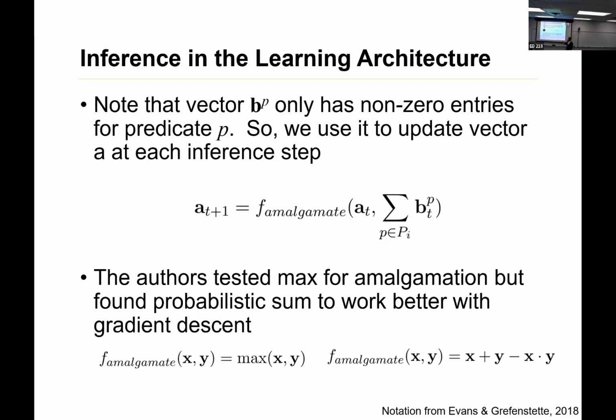Okay. So amalgamate, originally they wanted to do max. And they actually had an idea that, hey, if we use max, we can have an arbitrary number of rules taken at each step. It turned out that in practice that didn't work. They had an issue with rules overwriting each other.